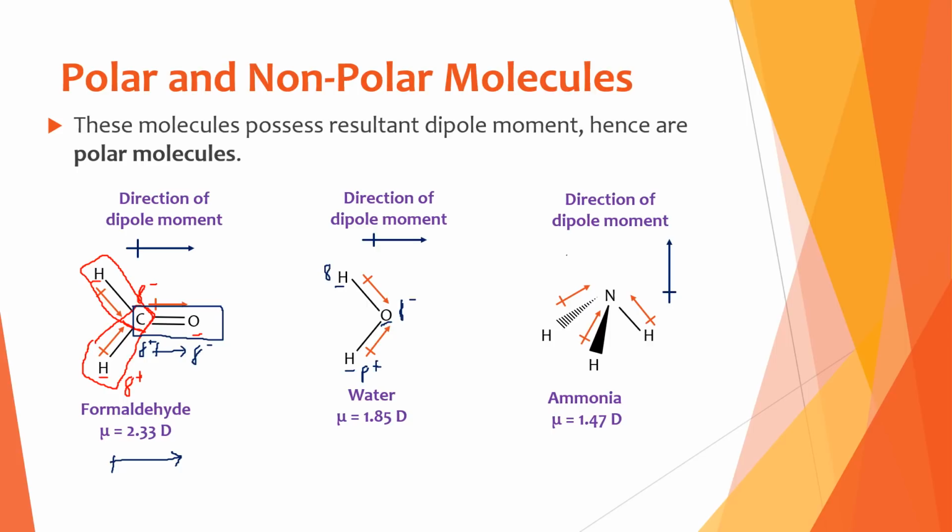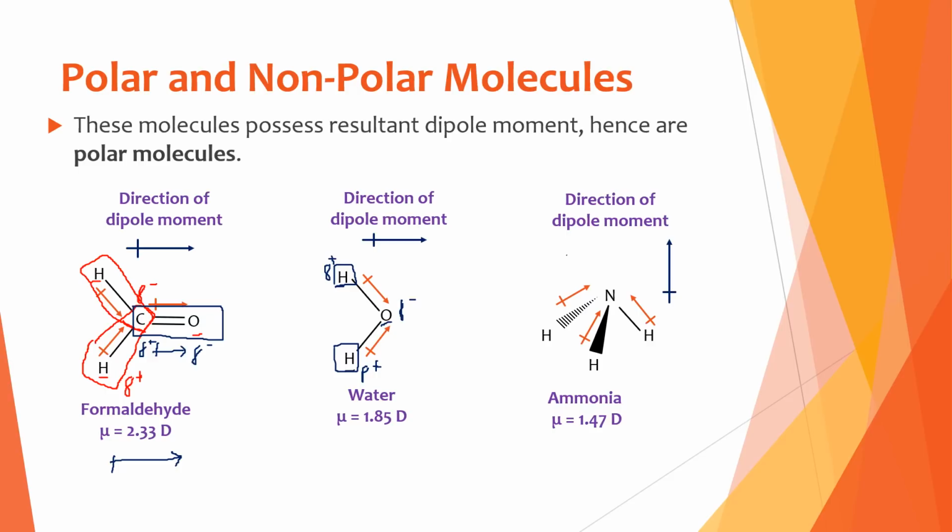As you can see here, even though both of the side atoms are the same, which is hydrogen, this is why the molecular shape is important to determine whether the molecule is polar or not. For water, the molecular shape is V-shaped.